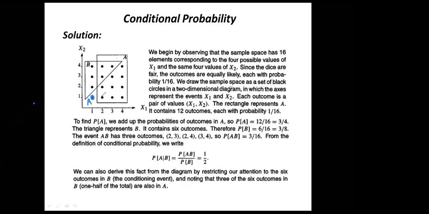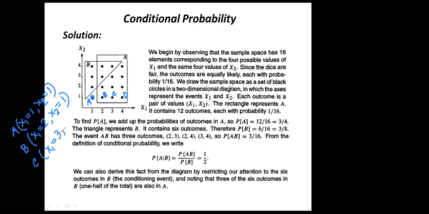Say this is A, this is B, this is C, this is D. A means x1 equal to 1 and x2 equal to 1. At point B, x1 equal to 2, x2 equal to 1. Point C, x1 equal to 3, x2 equal to 1. Point D, x1 equal to 4 and x2 equal to 1.